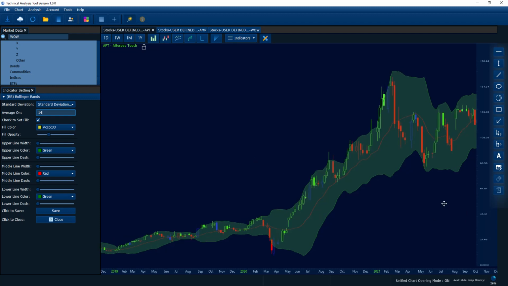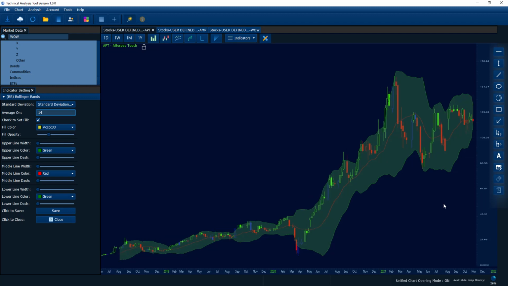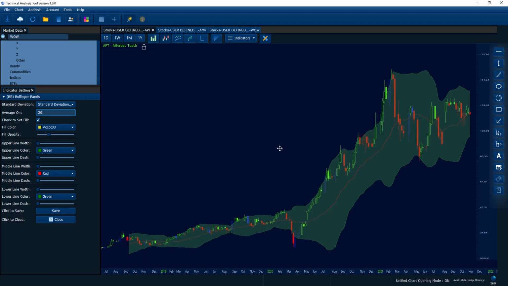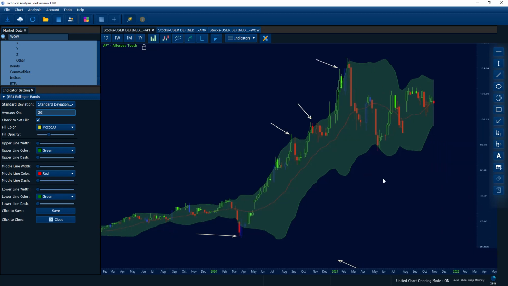I think for most indicators, you have to combine them with your own analysis. So the first usage is that people use the Bollinger Bands to buy when it's oversold here, and to sell when it's overbought, either here or here or here, meaning sell in this particular case.